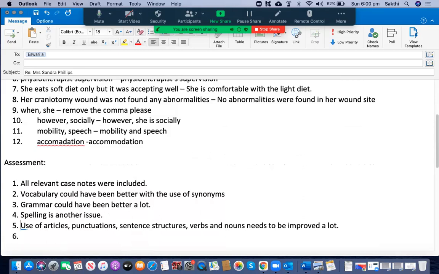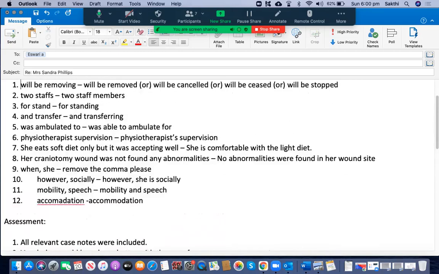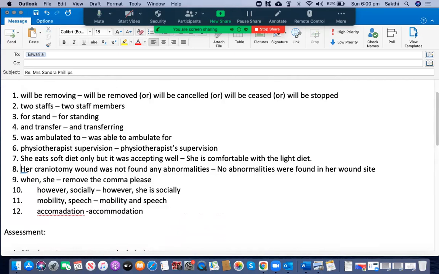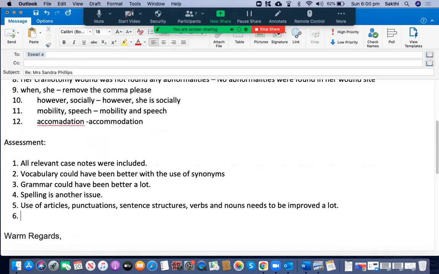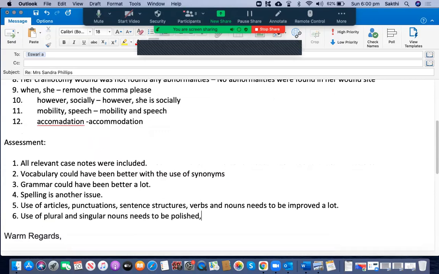Okay, so that's an issue. Use of plural and singular nouns needs to be improved as well. Needs to be polished. All right, that's another issue.